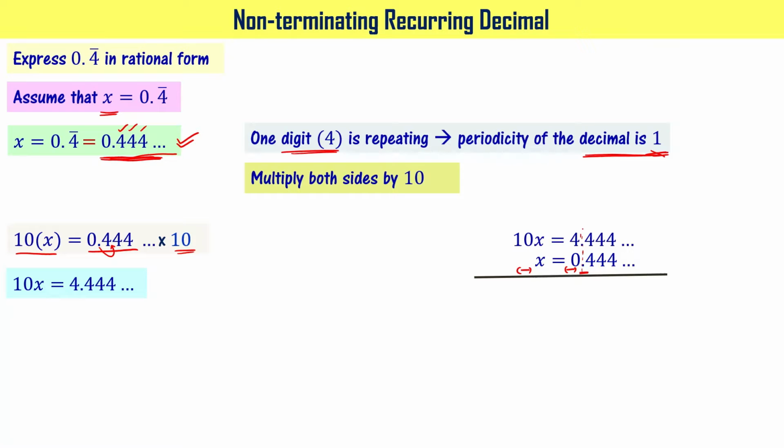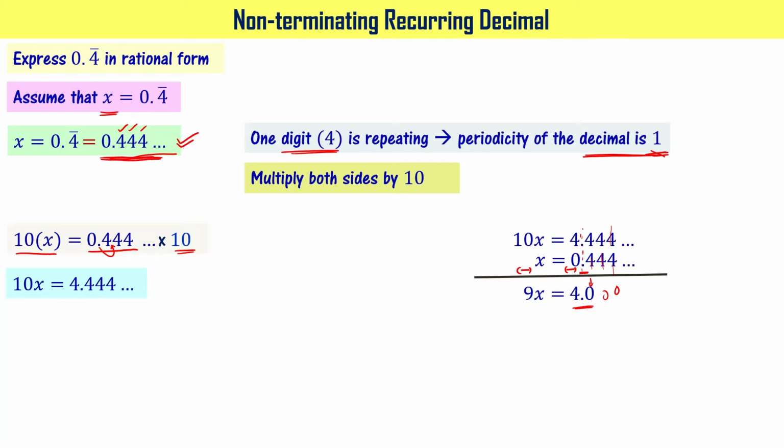Now 10x minus 1x is 9x. 4.4444 and so on minus 0.4444 and so on is 4, right? You see, this leads to 0, this leads to 0, and this leads to 0, right? And 4 minus 0 is 4, right?